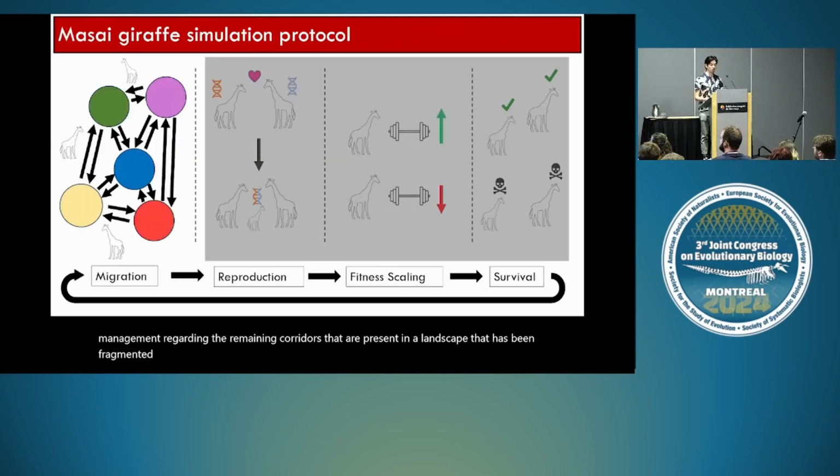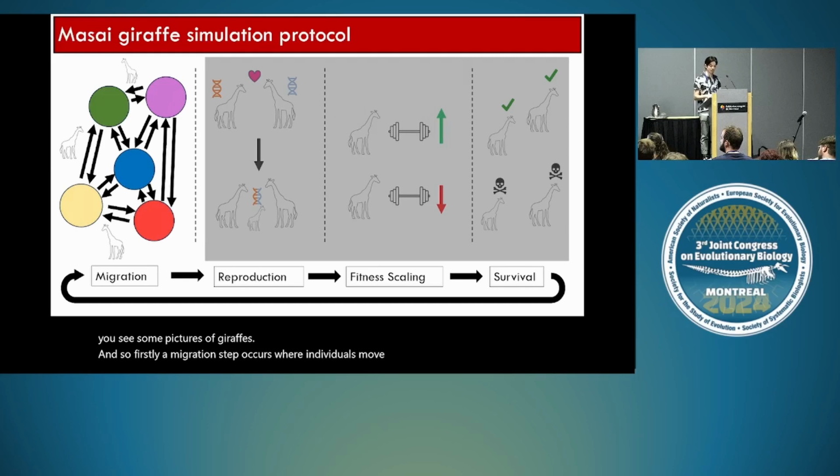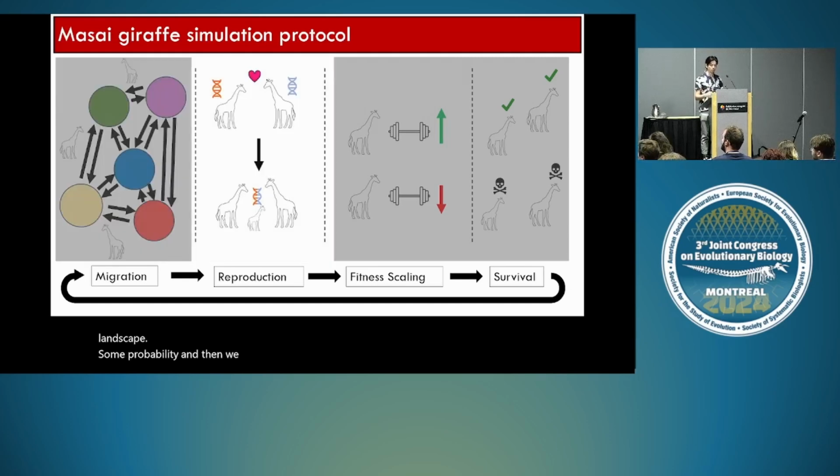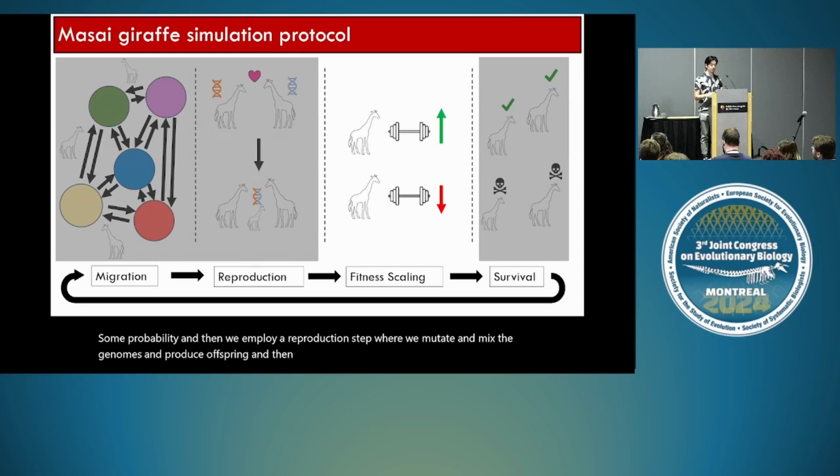So here's the protocol for our simulation, and this is general, even though you see some pictures of giraffes. Firstly, a migration step occurs where individuals move between subpopulations in our landscape with some probability. Then we employ a reproduction step where we mutate and mix the genomes and produce offspring. Then we conduct fitness scaling based on the age of an individual as well as the aggregation of deleterious mutations within its genome.